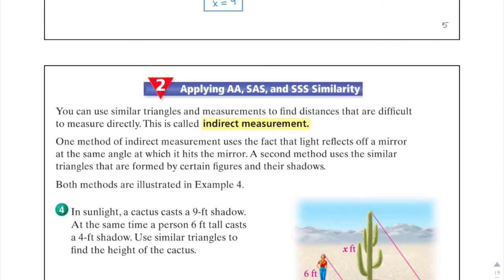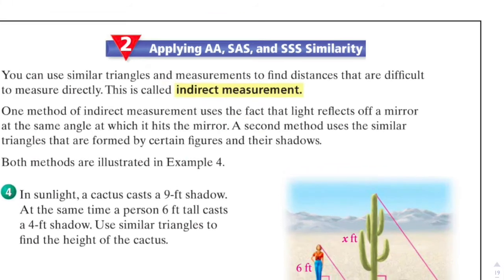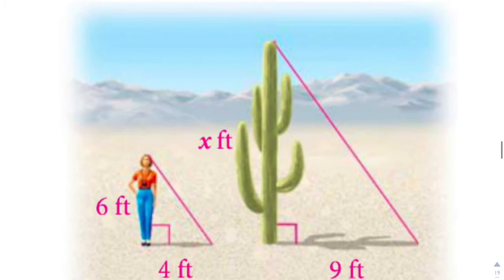There are indirect ways of measuring the Eiffel Tower. So what we can do is compare it to the same triangle in the same moment in time. For instance, a person's height and a cactus's height in the same moment in time when the sun is above them, and the shadows that they measure.